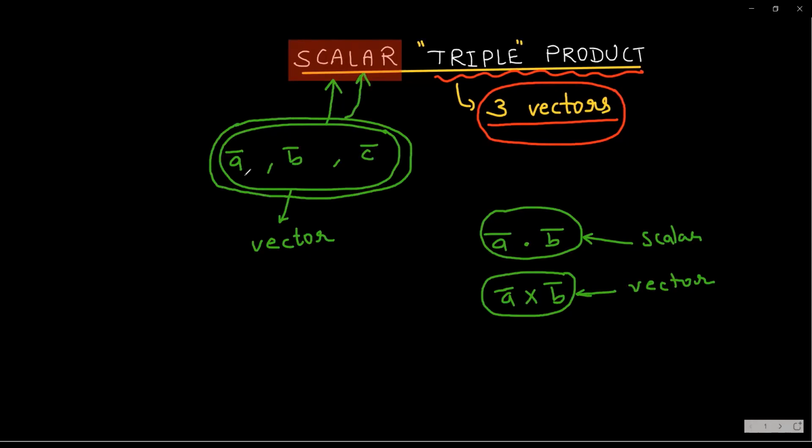And when you multiply 3 vectors in a way to get a vector finally, you call that the vector product of 3 vectors. So here you have scalar triple product, and if you are getting the final outcome as a vector, you will call that vector triple product. So let us now start with scalar triple product.